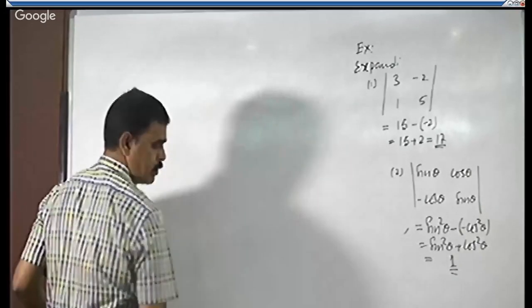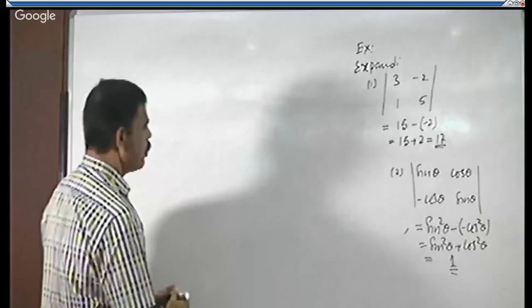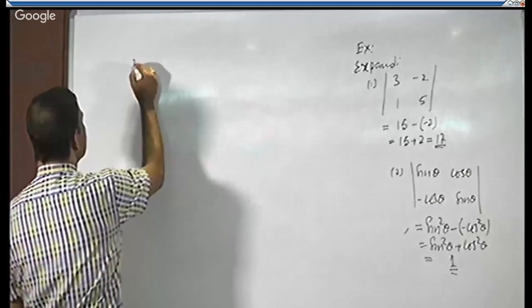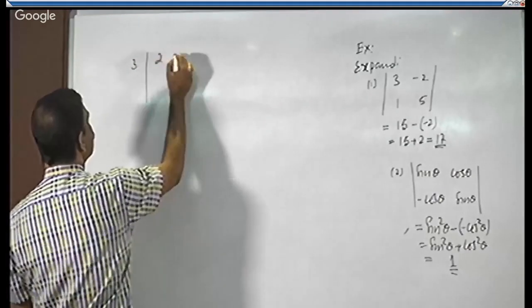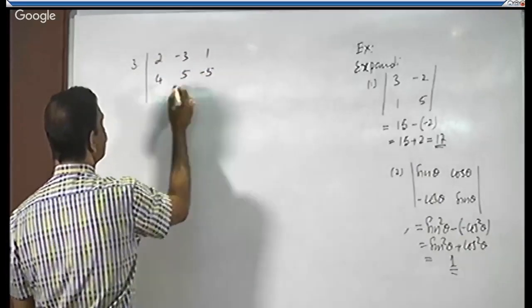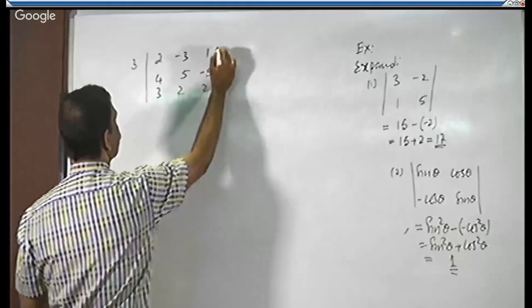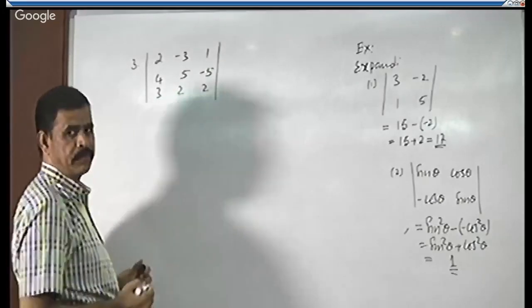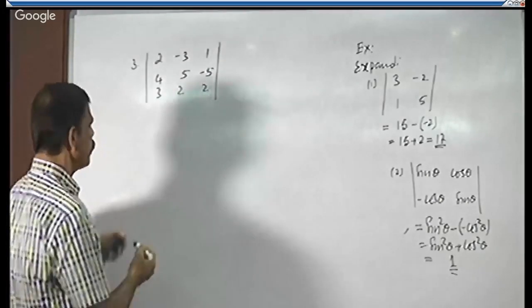I will take a third order determinant: 2, minus 3, 1; 4, 5, minus 5; 3, 2, 2. Get the value of this determinant.